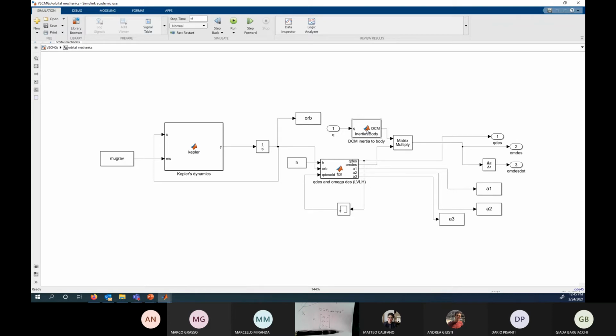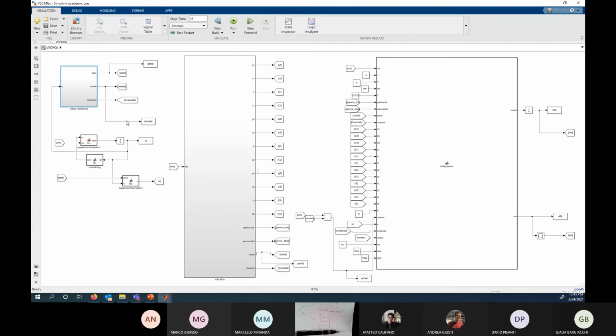I'm sorry, not inertia matrix, DCM matrix. And I think the fact that I call it inertia to body is probably kind of an abuse here, but suggestions?